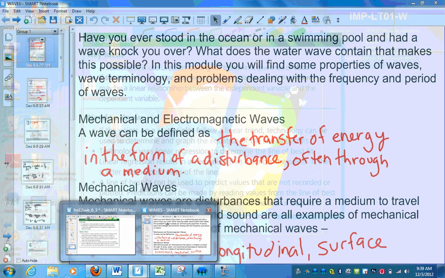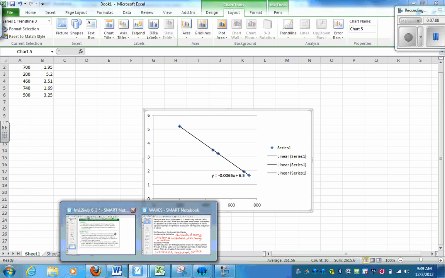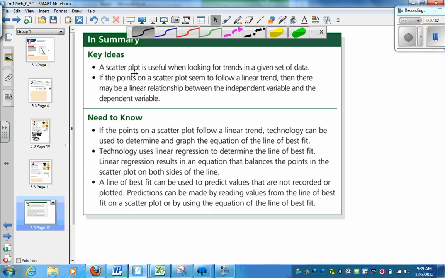Of course, your textbook summarizes some information. A scatter plot is useful when looking for trends in a given set of data. If the points seem to follow a linear trend, then there may be a linear relationship between the independent and the dependent variable. If the points follow a linear trend, technology can be used to determine and graph the equation.